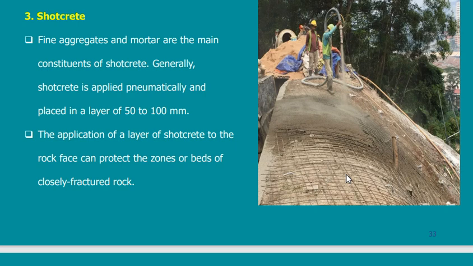It is as if I'm pouring a concrete slab with a variable shape on top of the rock. So if this is the slope and this is my steel mesh, I just pour concrete on top of this mesh.